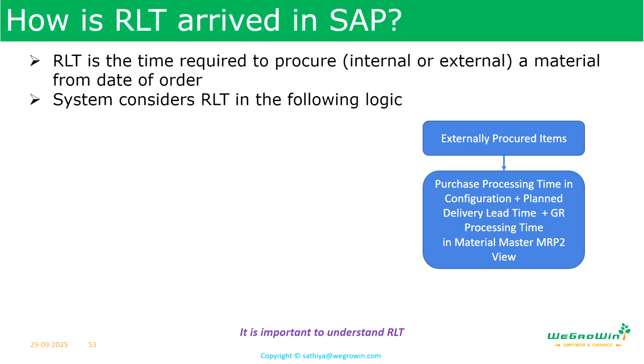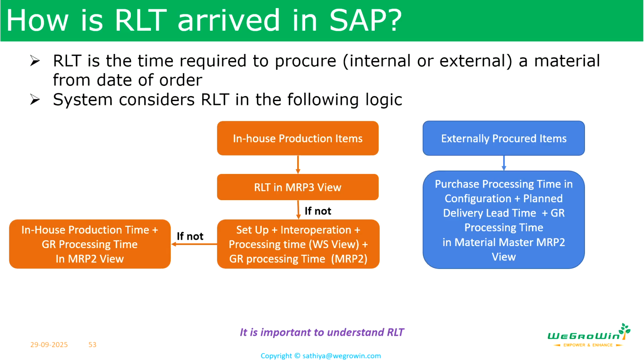For externally procured items, the system will not consider the replenishment lead time we maintain in the MRP3 view. For in-house production items, the system will give priority to the replenishment lead time in the MRP3 view. If no value is there, then it will go to the work scheduling view, where it will check the setup time, interoperation time, and the processing time based on the base quantity defined and also the quantity we need, the load.